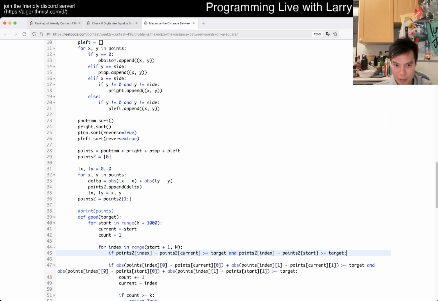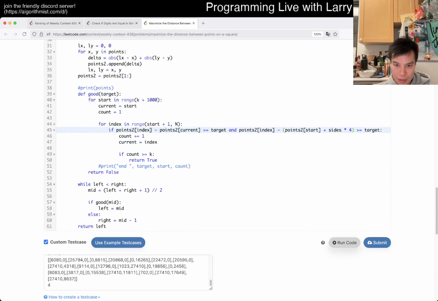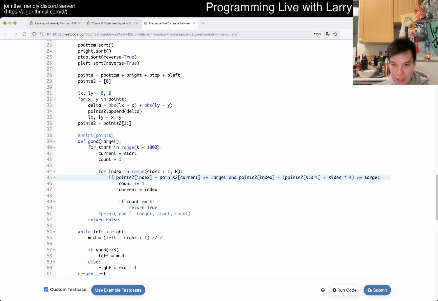It's something like this, but we have to wrap it around, right? So you have to loop it around, and you wrap it around when start is plus side times 4, right? It's side or side. Yeah.